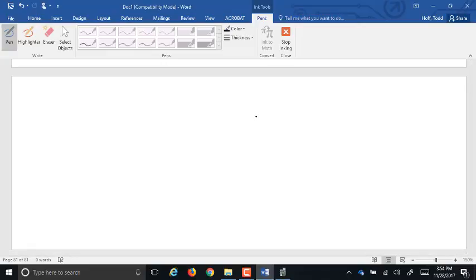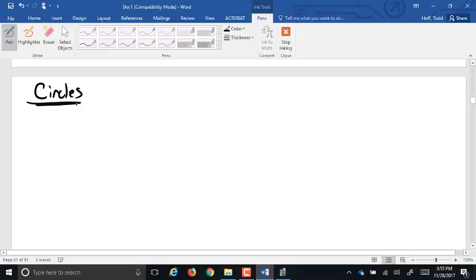So continuing on with the geometry, the next step is we're going to look at circles, and some of the relationships within circles. To do that, we need to define some vocabulary first.